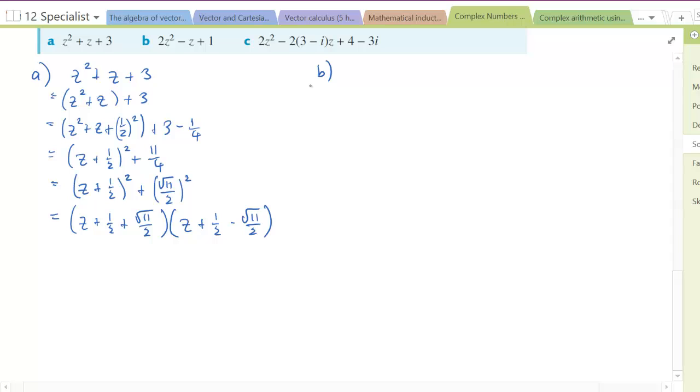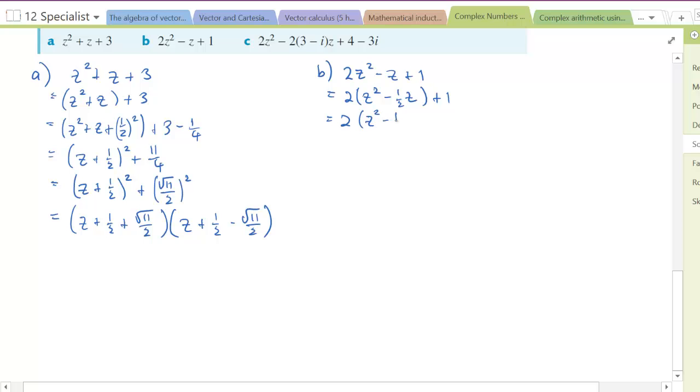When we look at part B, we take the same approach, but in this scenario, it's a little bit more complex because we've got a coefficient of 2. So now we're looking at 2z squared, take z, plus 1. So when we take that coefficient of 2 out in front, z squared, take 1/2 z plus 1. If we take the common factor of 2 out, we need to take it out of each term. Now we're going to complete the square.